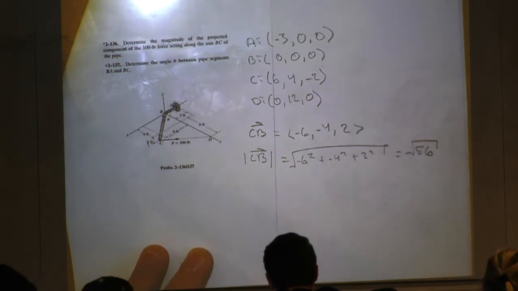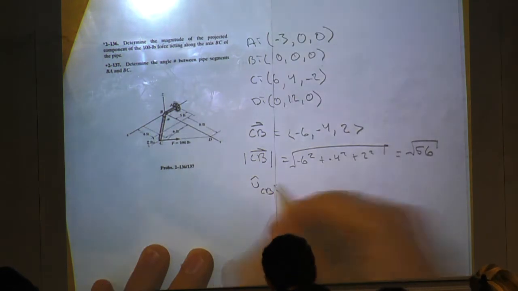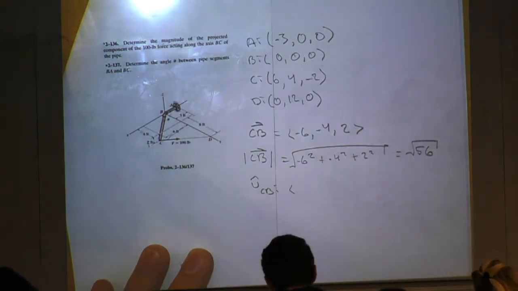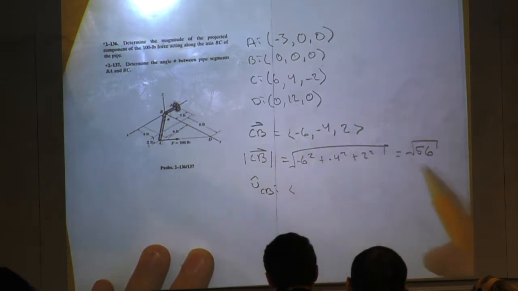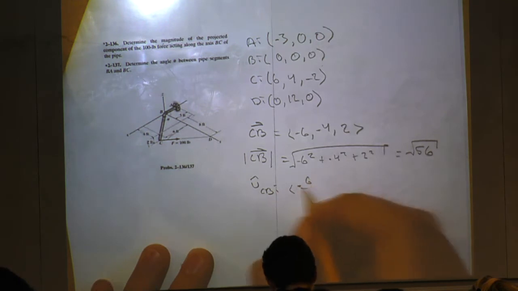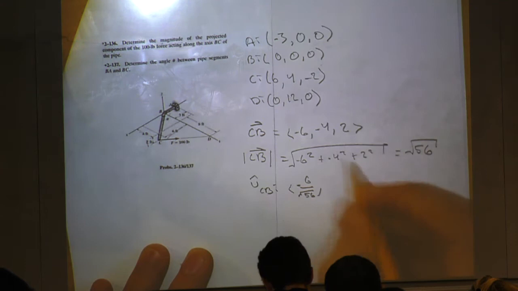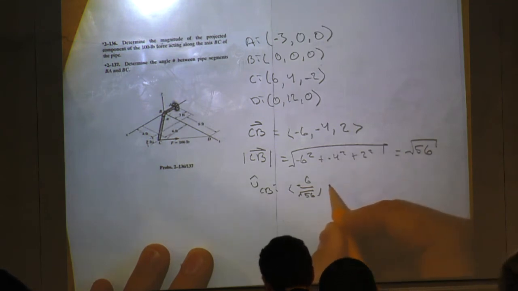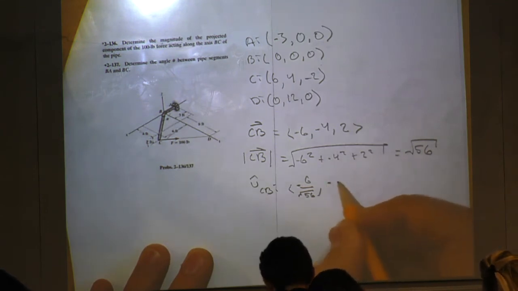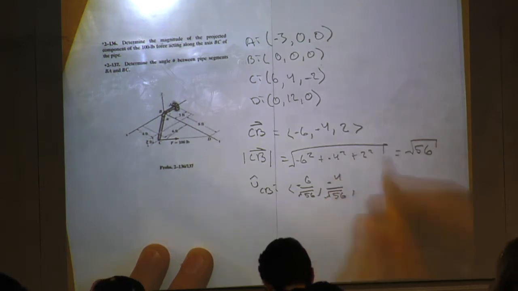The unit vector is the vector divided by its magnitude, so the X, Y, and Z components divided by the magnitude: -6 over square root 56, then -4 over square root 56, and then 2 over square root 56.